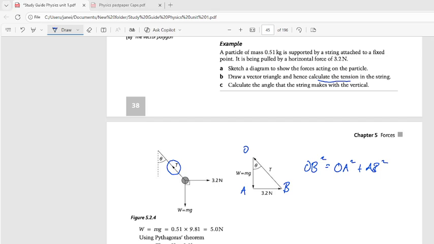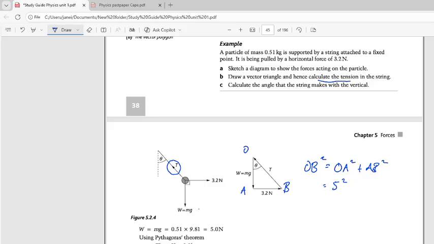Using that method, AO is gonna be equal to your weight, which is pretty much 5 newtons squared, and AB is 3.5 newtons squared. Just add these two together and find the square root to get OB. Now we end up with 5.9 newtons.